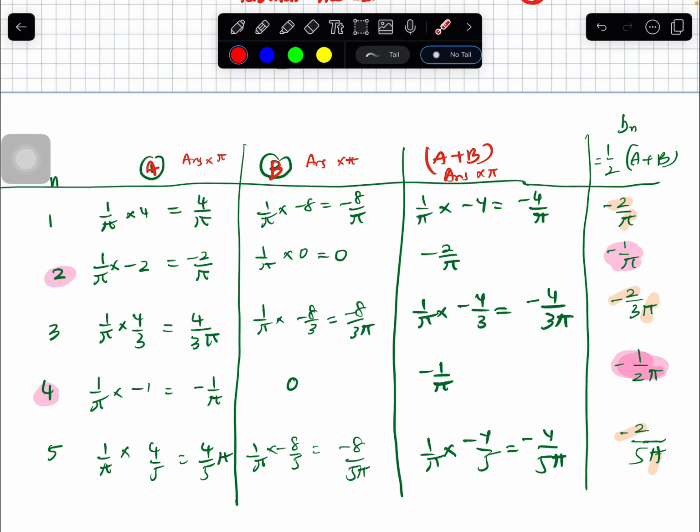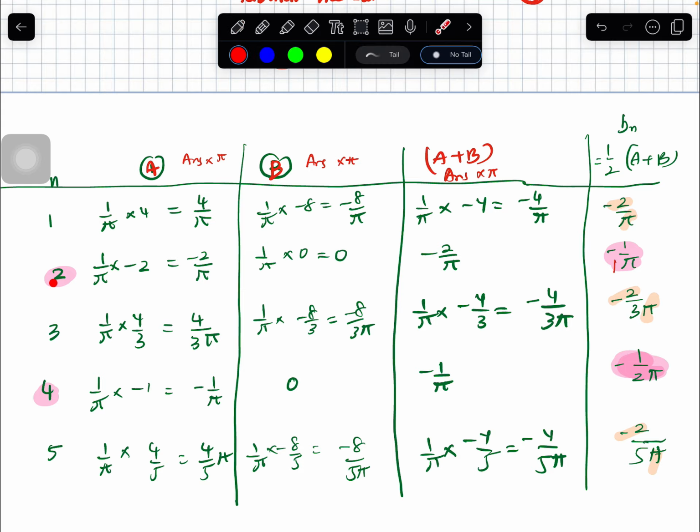First you can separate between odd and even number. First let's focus on 2 and 4 value. When n is 2 you get 1 over pi, and n is 4, 1 over 2 pi. So what is the same thing here? It's just negative 1 over pi for both. But the difference is we have 2 here and we have 1 here, right? So what is the formula?